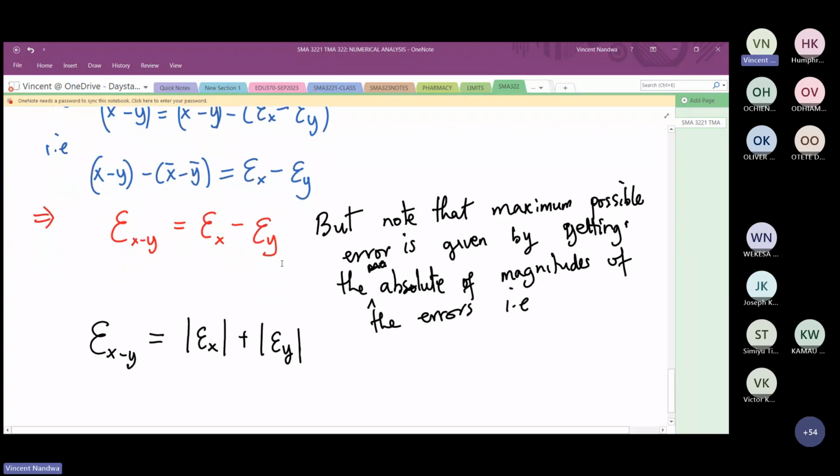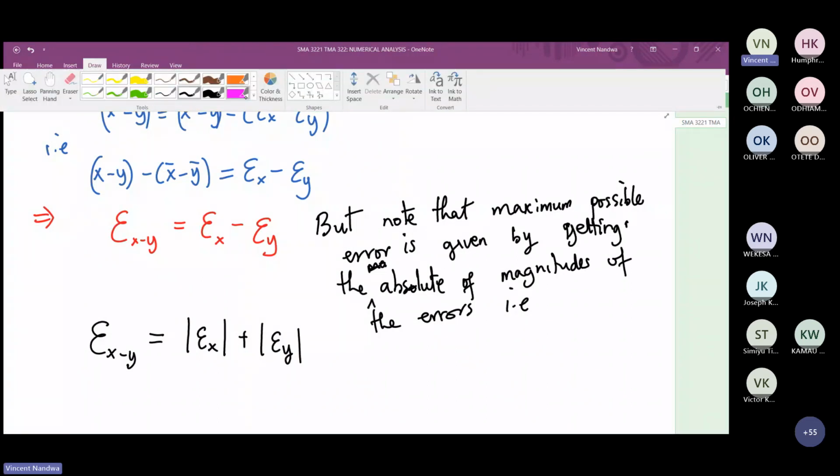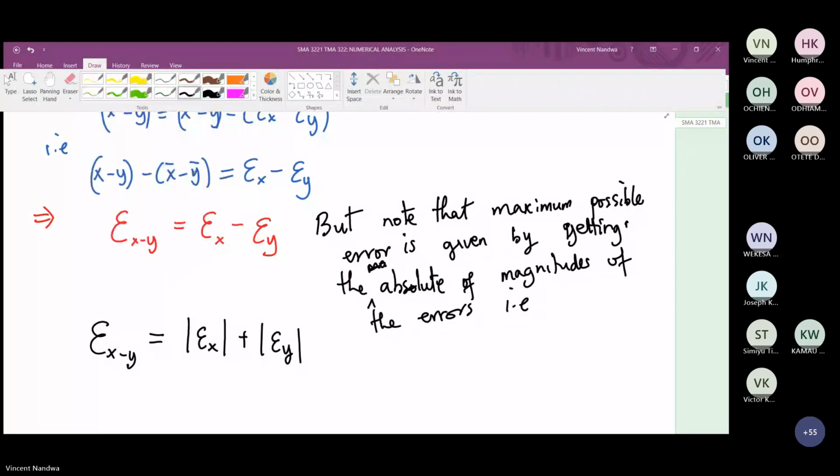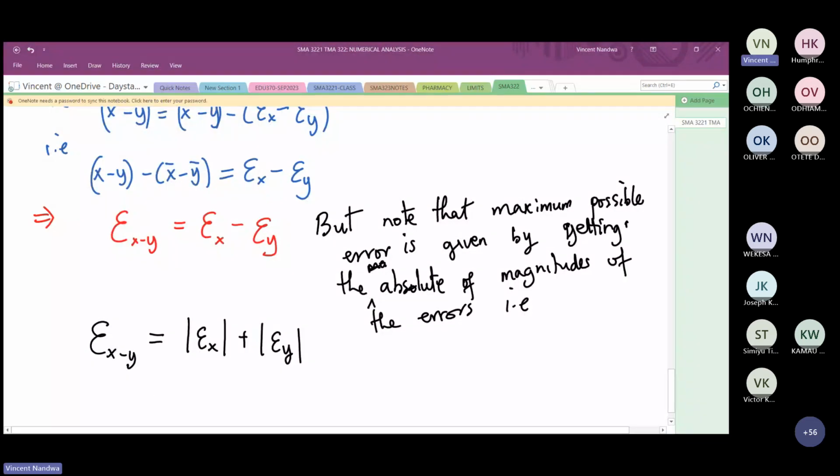And before you ask a question, let's remind ourselves. If you remember in high school, Form 3, if I say find the error in, say, 42.5 minus, say, 40.1.